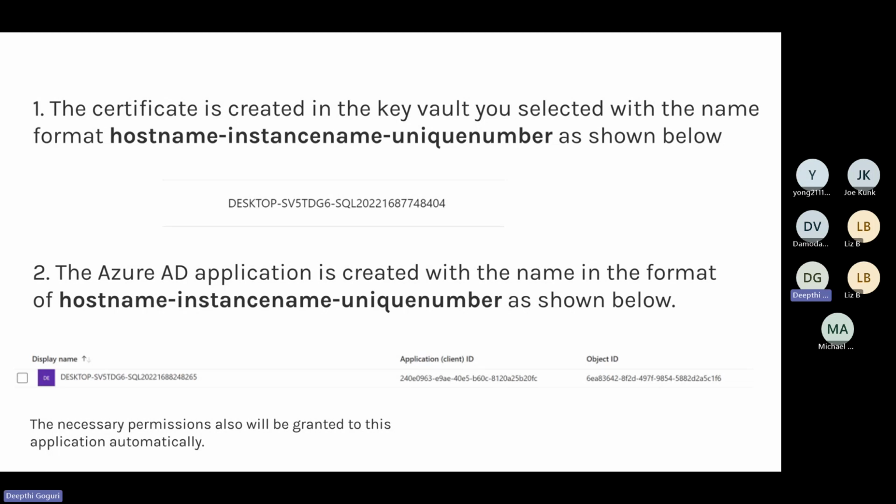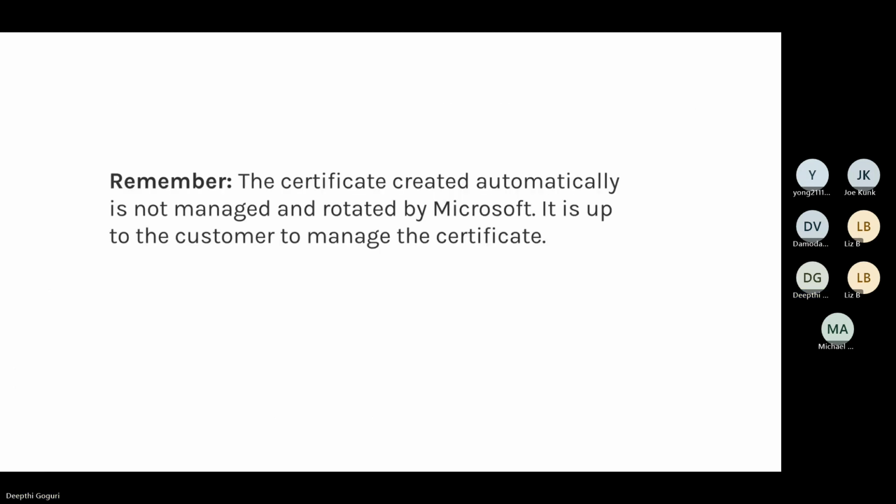And the necessary permissions also will be granted to this application automatically. Everything happens behind the scenes. That account will also have all the necessary permissions it needs to access the certificate and to access the application.